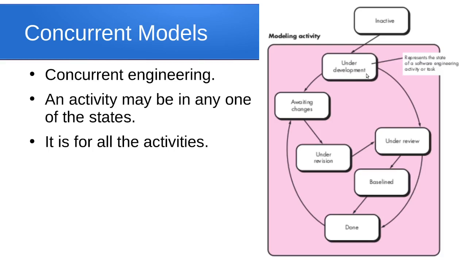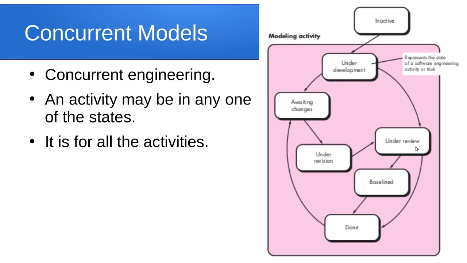So from here there are 2 possibilities. Either when it was under development, new changes came in the requirement, so it went to the awaiting changes stage. Or certain designs may be done and it may go to under review.